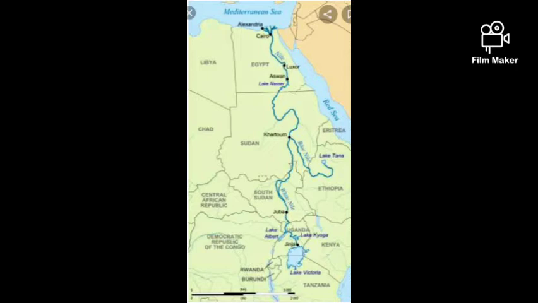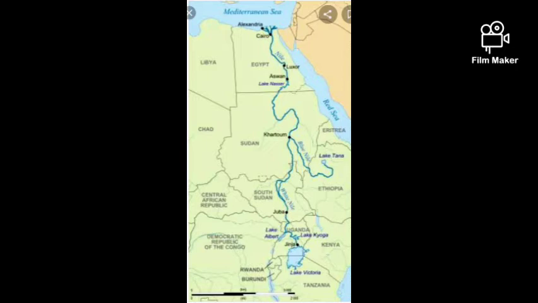Terminal points means from where it originates and where it ends. So the Nile River originates in Lake Victoria, flows north and meets the Mediterranean Sea near the city of Alexandria in Egypt. Country Egypt is a part of the African continent.